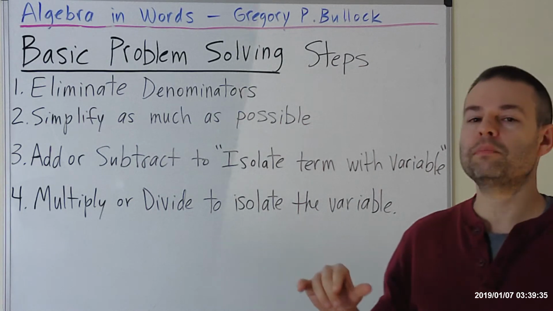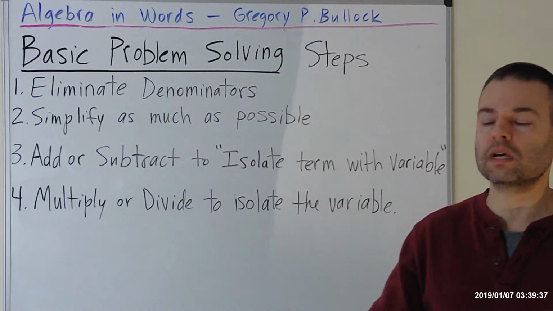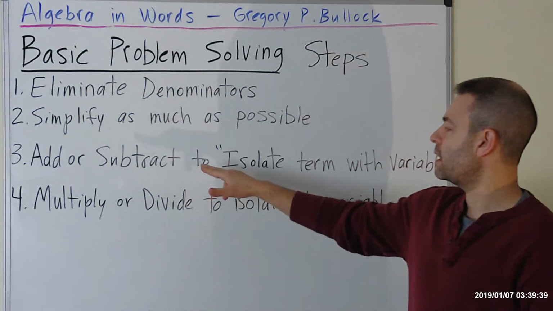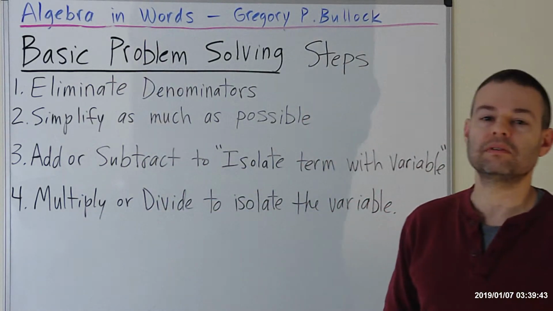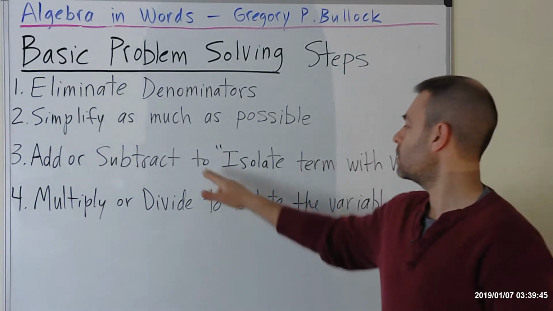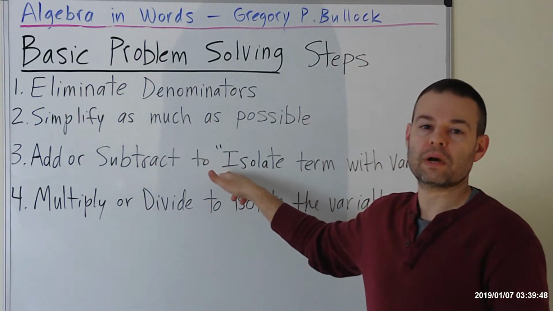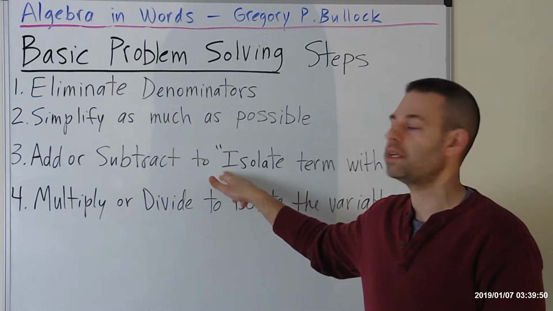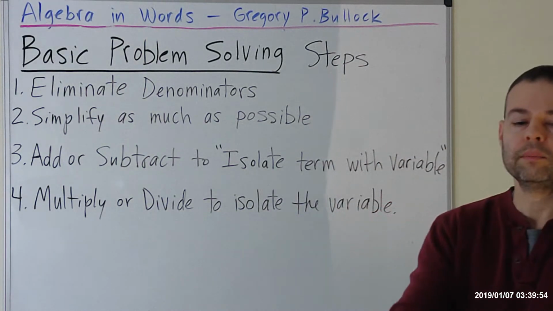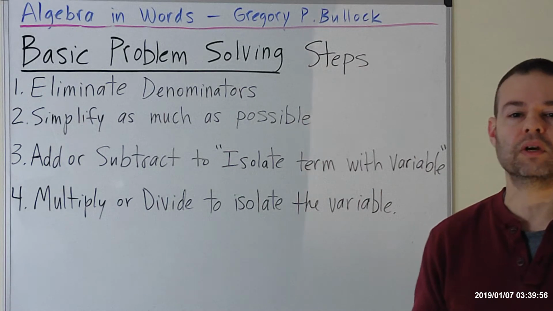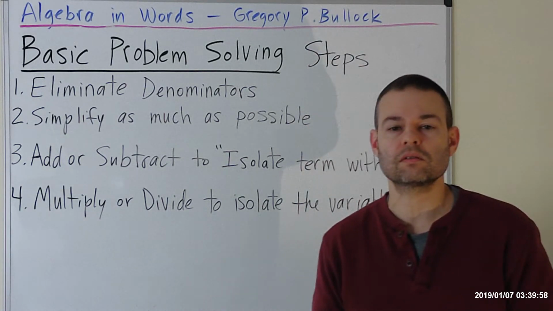Okay, but I want to point something out here so that you don't mix these up. Notice my step 3 is add or subtract, and my last step is multiply or divide. This step is what I refer to as the addition property of equality, and the last one is the multiplication property.